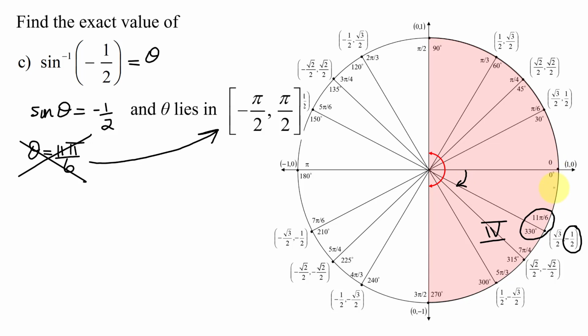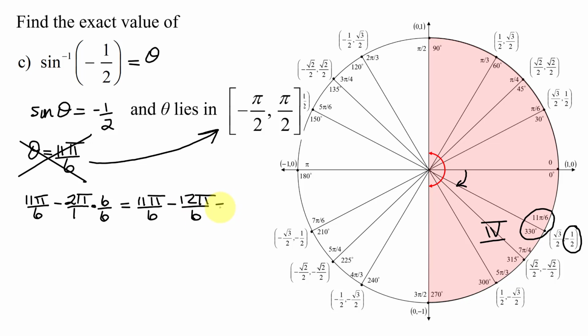Sometimes you can figure this out in your head, but if you can't, just think of coterminal angles. I'm going to take 11pi/6 and I'm going to subtract 2pi from it. So I need a common denominator of 6. So I'm going to multiply this by 6/6. So I'm going to get 11pi/6 minus 2 times 6, which is 12pi/6.